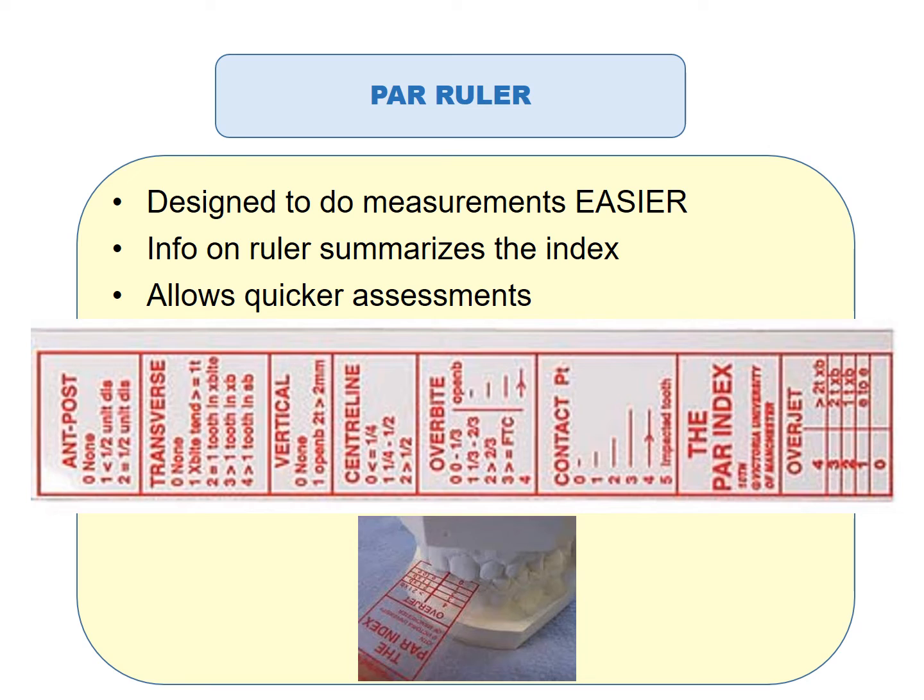Okay, now please take note that some of these measurements, for example, like this overjet, contact point, and the overbite, this is the score and not the actual measurement. So this ruler is placed against the study models and it directly reads the score and not the actual overjet measurement.